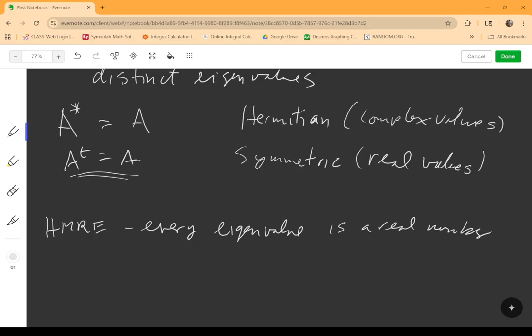Even if the matrix has complex entries, its eigenvalues will be real.